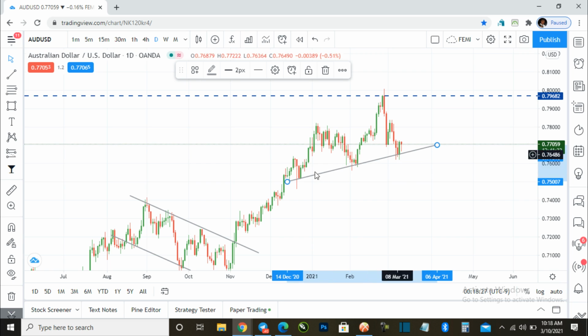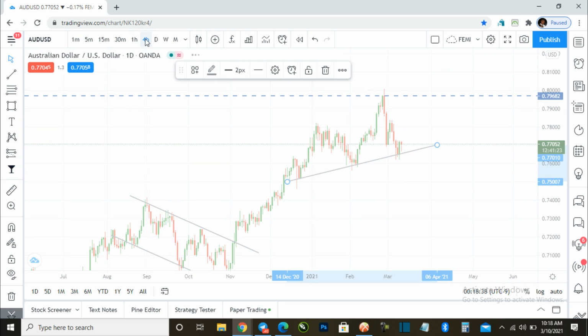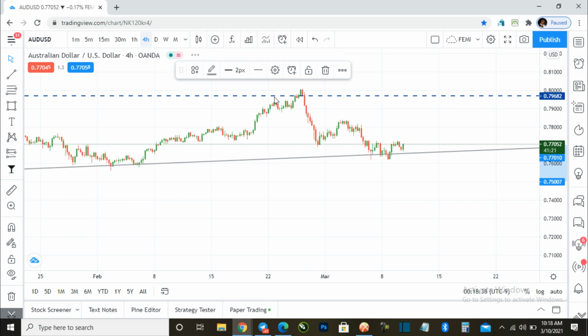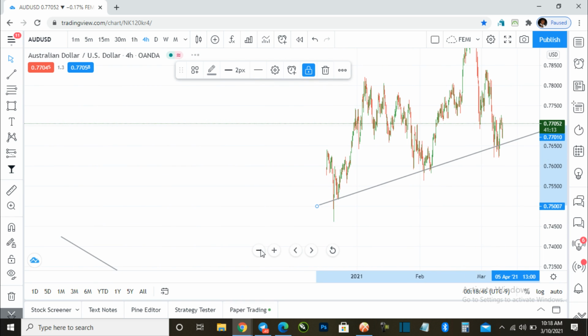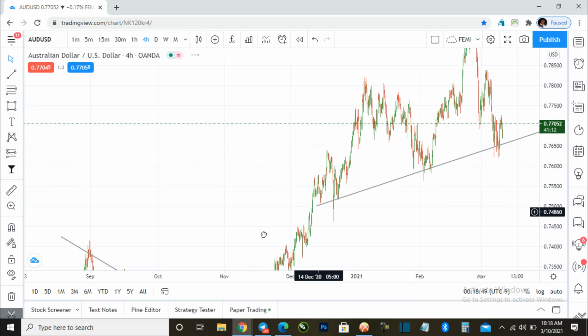Now in today's recent market, what is going on right now? Our bullish resistance, you can see there's a confirmation and a bullish trend. So let's go to the 4 hour chart and see what is happening there. Let's zoom out.